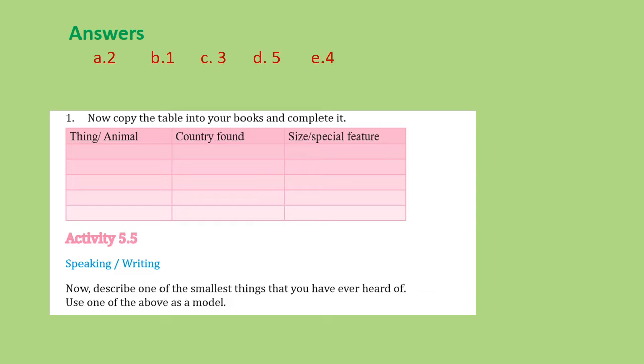Follow it. Now copy the table into writing books and complete it. Then you can write a description about one of the smallest things you have ever heard of. Do it in your writing books. That is the end of the first lesson.